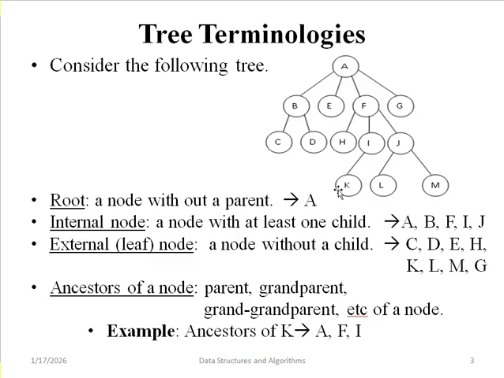Starting from those nodes we can count the number of edges upward up to the root node. Here the deepest nodes are K, L and M. From one of those nodes we count the edges: 1, 2, 3. So 3 is the height of the tree.